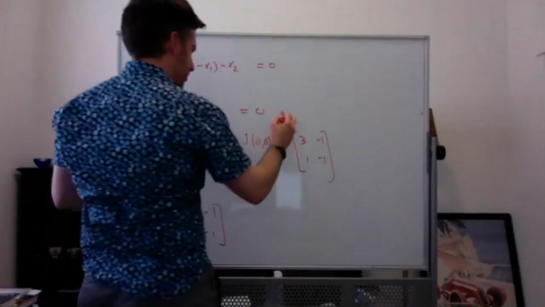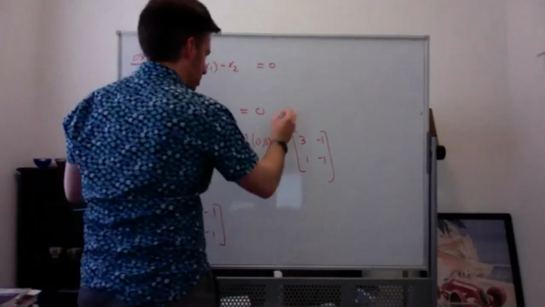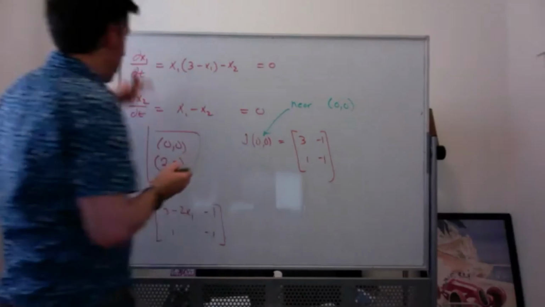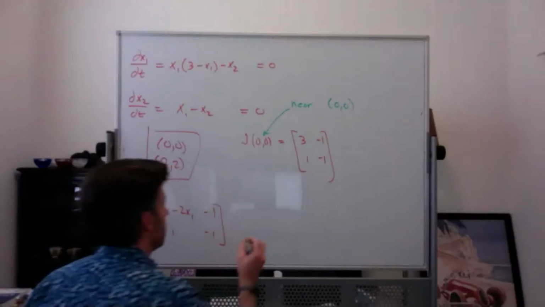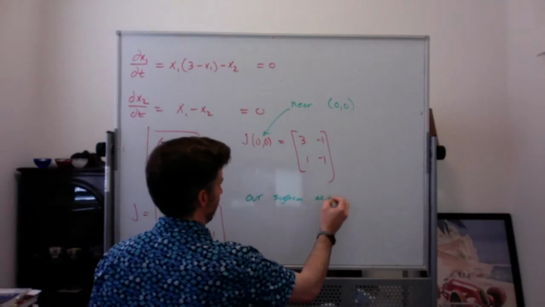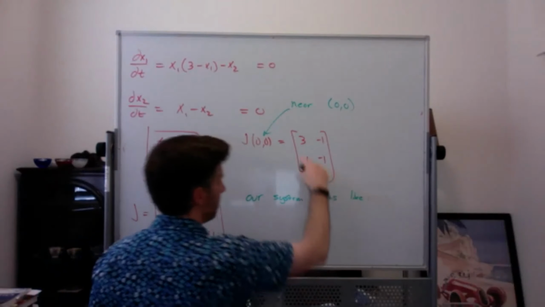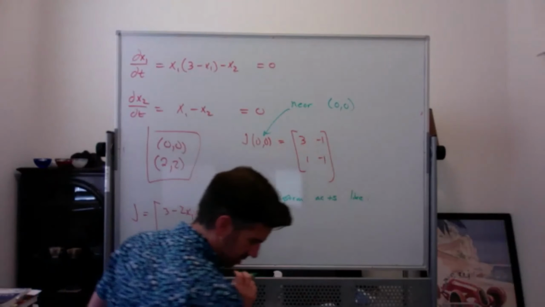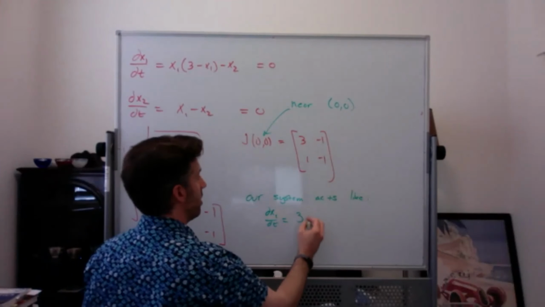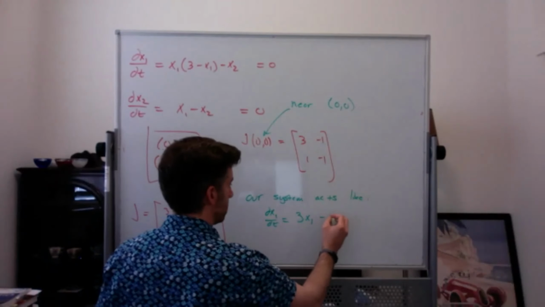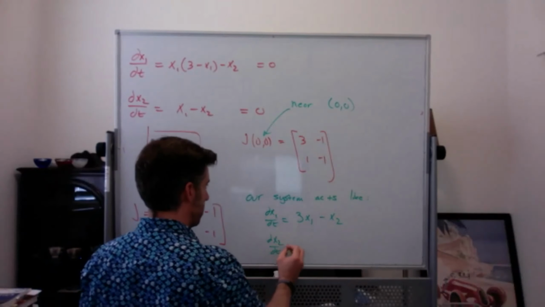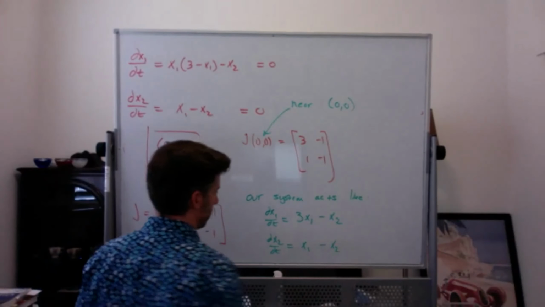Near the point 0, 0, our system of equations acts like the system given by these coefficients, meaning the system dx1 dt equals 3x1 minus x2, and dx2 dt equals x1 minus x2.